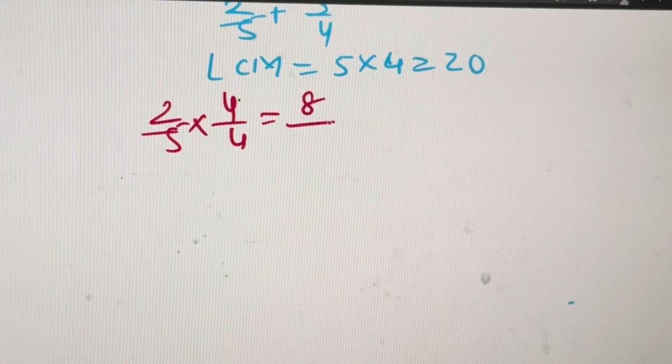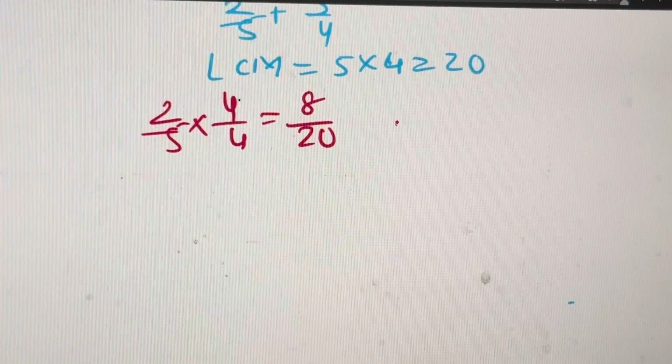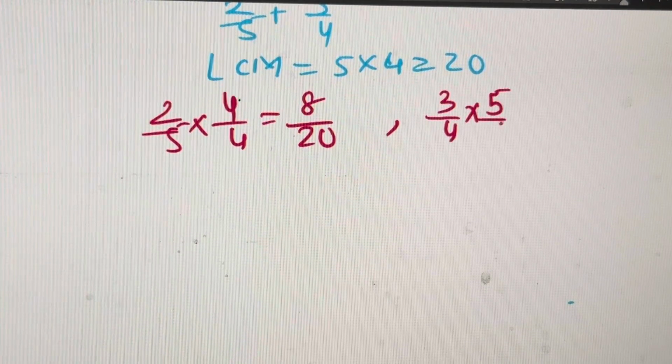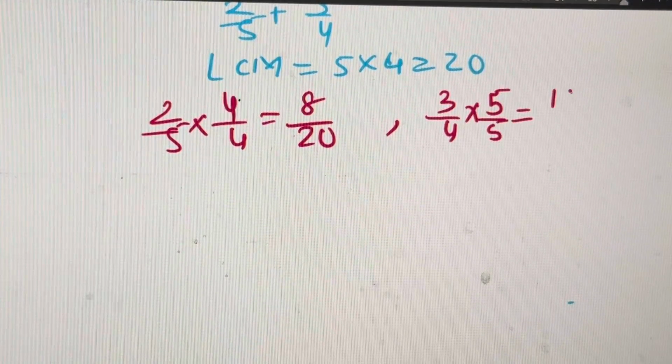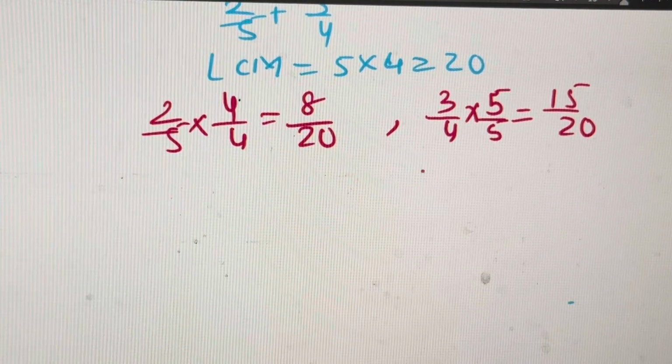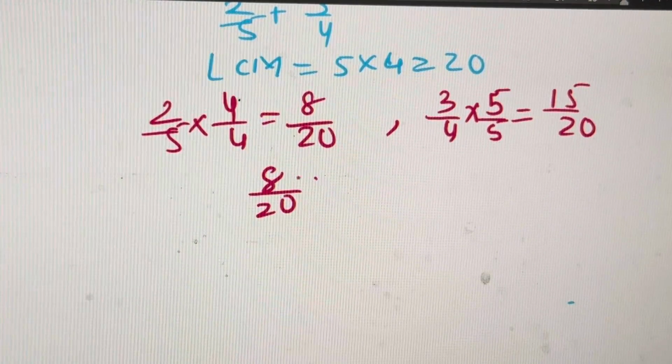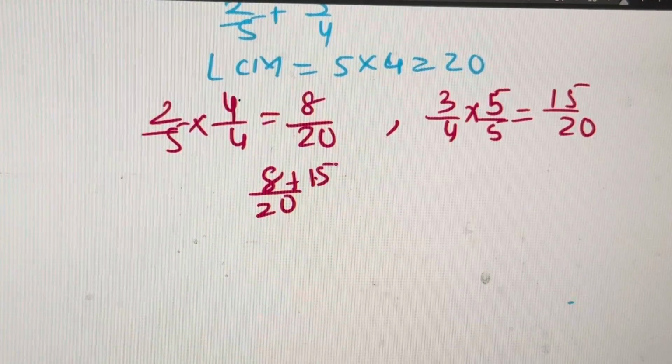So 2 4s are 8/20. Then we take the second fraction, which is 3/4. We multiply it by 5. So 5 3s are 15/20. Right? Now they are equivalent fractions, so you can add 8/20 plus 15/20.